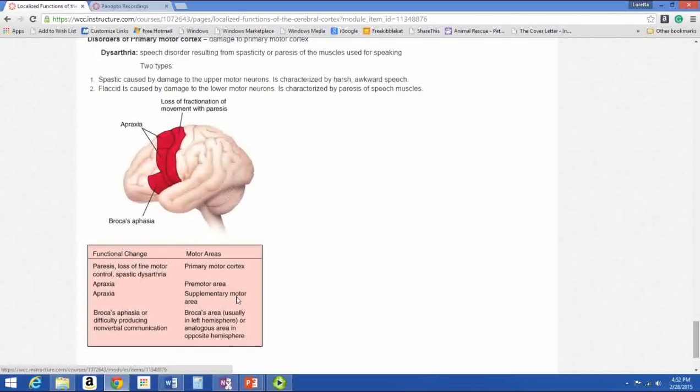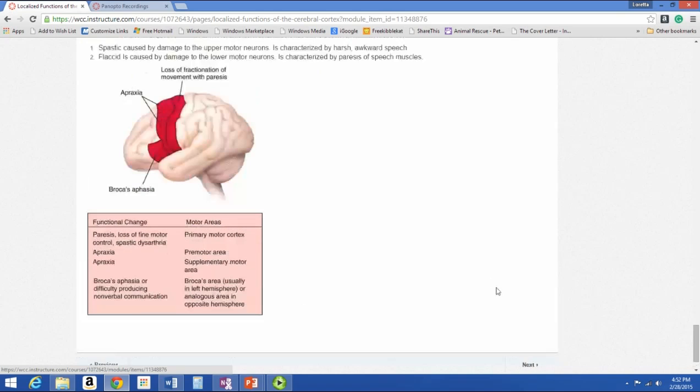You can't plan a motor task or a sequential task. And with Broca's area in the left hemisphere, you have difficulty producing speech. So Broca's aphasia is what that's called, and we'll talk a little bit more about that later. In the analogous area in the right hemisphere, you have difficulty producing nonverbal communication.